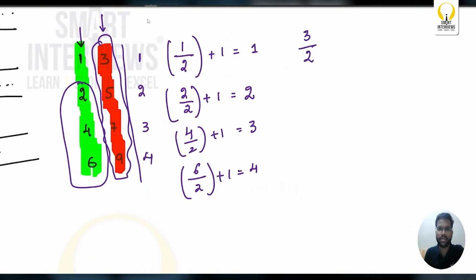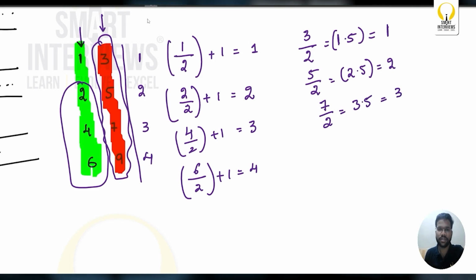Can I simply say we'll be doing 3 by 2, which is 1.5, and it will be converted into integer and it will be 1. Next, 5 by 2 will be 2.5. Integer will ignore the decimal part. It will be 2. Next, 7 by 2 will be 3.5, which is equal to 3. 9 by 2 will be 4.5, which is equal to 4.